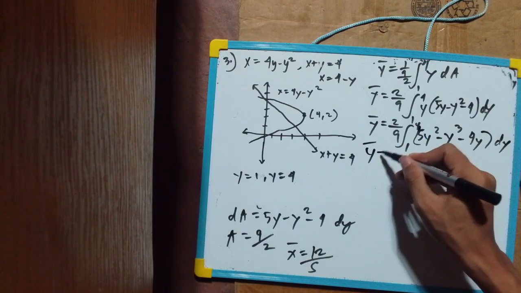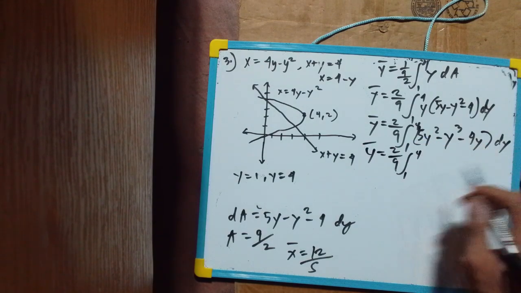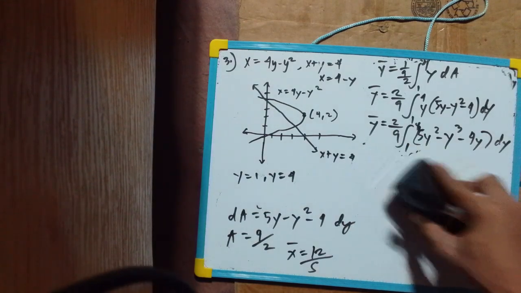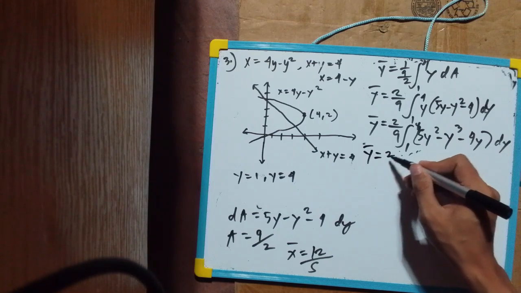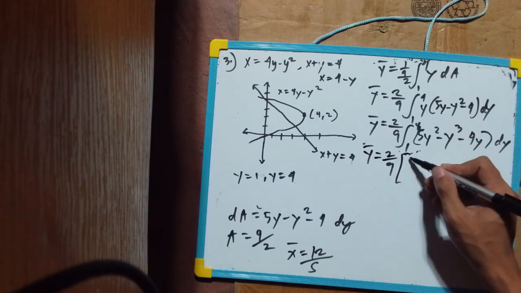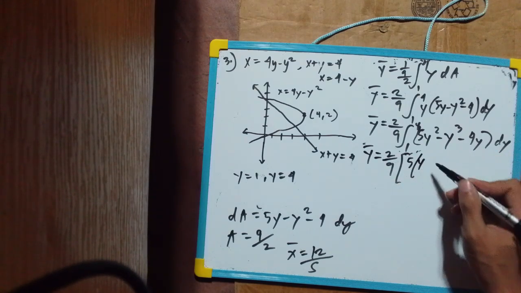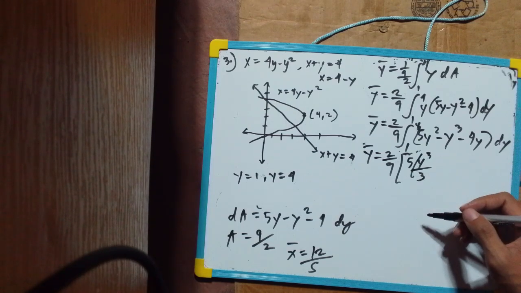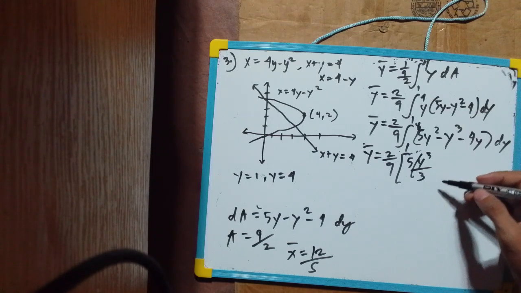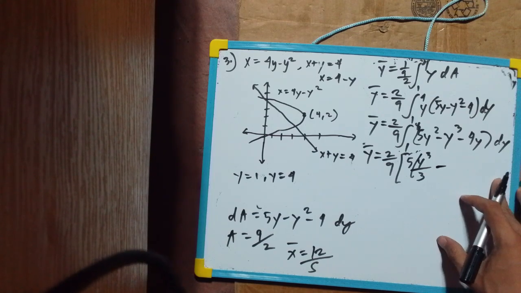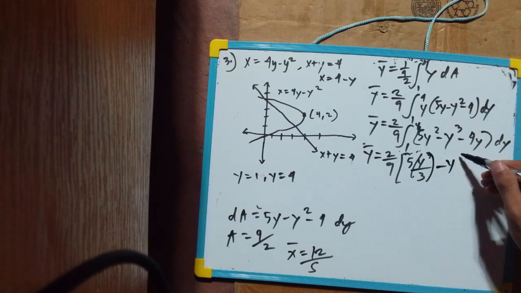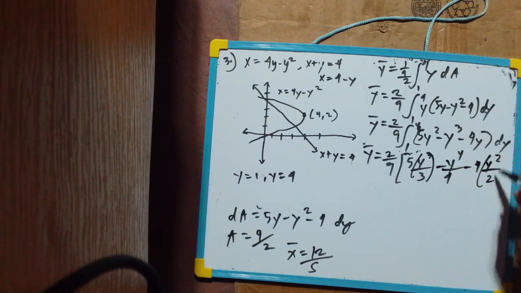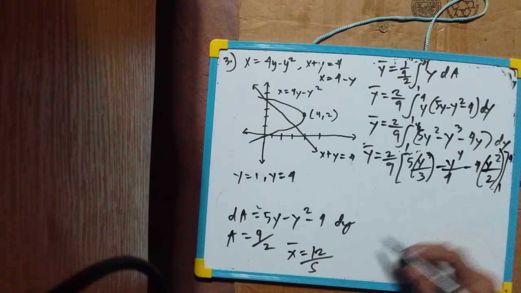Integrating this separately, we have y mean is equal to 2 over 9 times 5y cubed over 3 minus y raised to 4 over 4 minus 4 times y squared over 2, from 1 to 4.